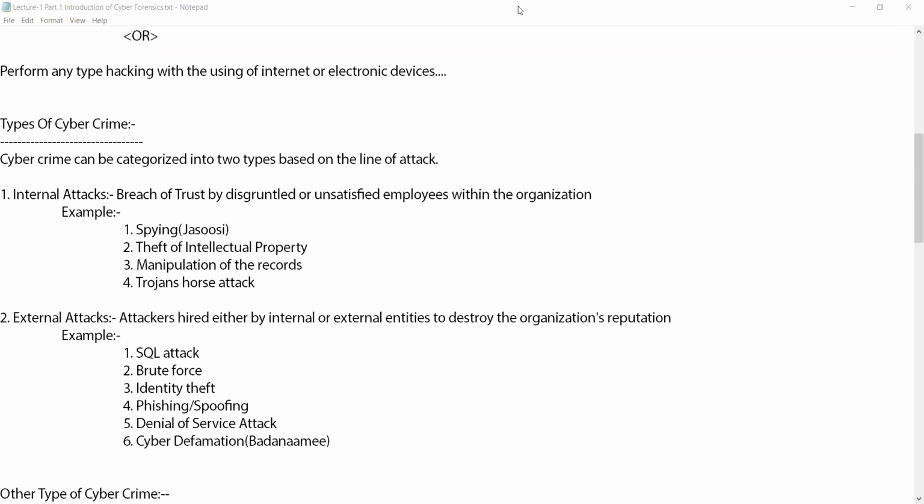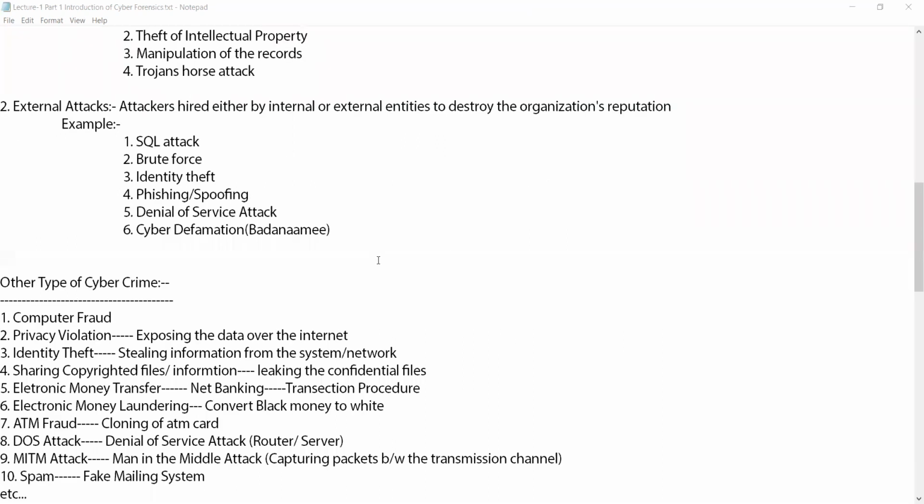Okay, sir, identity theft aside, we have other types of cyber crimes also, guys. Some do not come under these categories, there are some other types too. So we will discuss the first one, which is computer fraud. So what is computer fraud? Sometimes the cyber criminal does an attack related to computer fraud. Suppose you are going to buy a new computer from a shop as well as from online sources.